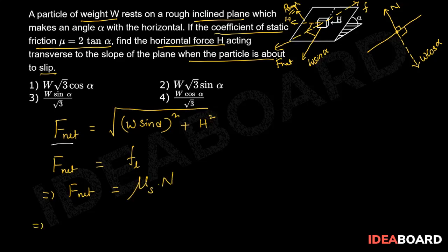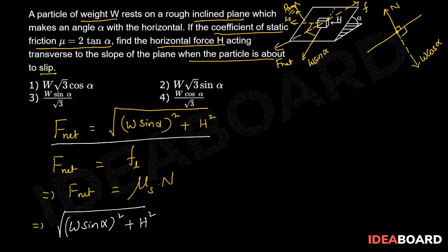So F net from this equation is substituted as the square root of (W sin alpha) whole squared plus H squared, which is equal to mu, which is given as 2 tan alpha, multiplied by the normal, and from the FBD it is W cos alpha.